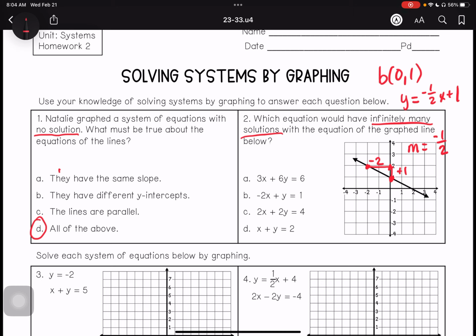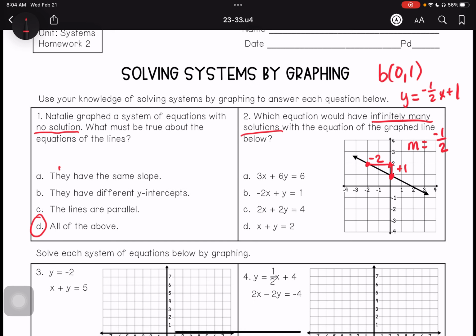So if I do letter D, subtracting x from each side, this gives me y equals -1x plus 2, so it can't be D. Letter C is the exact equation as D, because if I divide everything by 2, I get x plus y equals 2, which is the same as D, so that can't work.